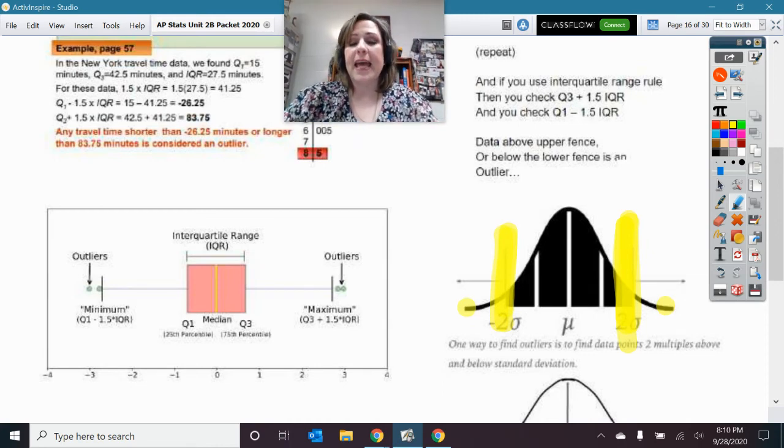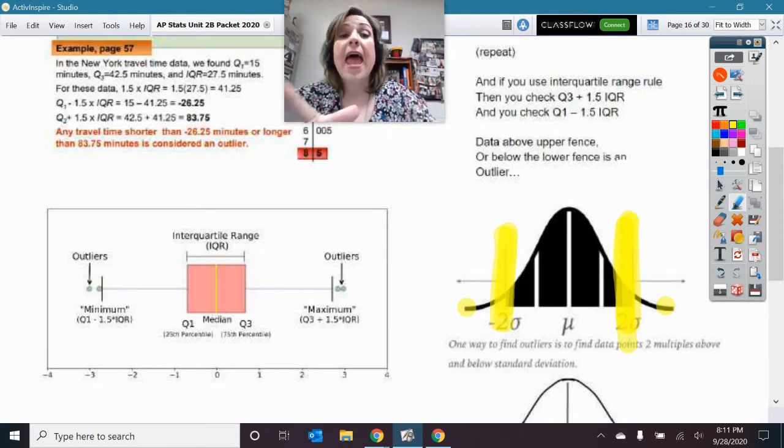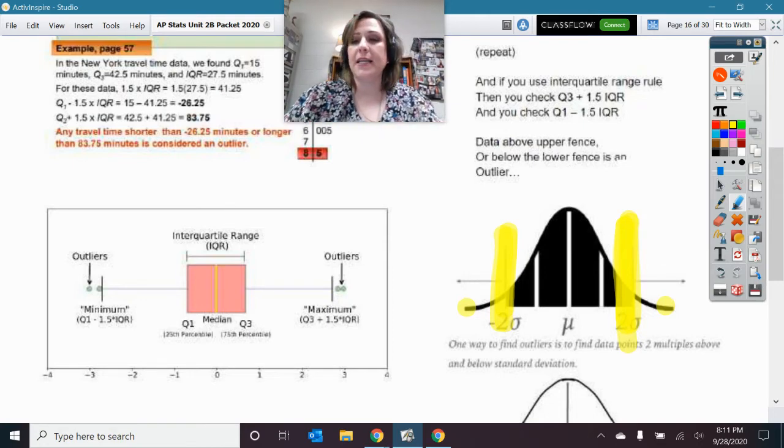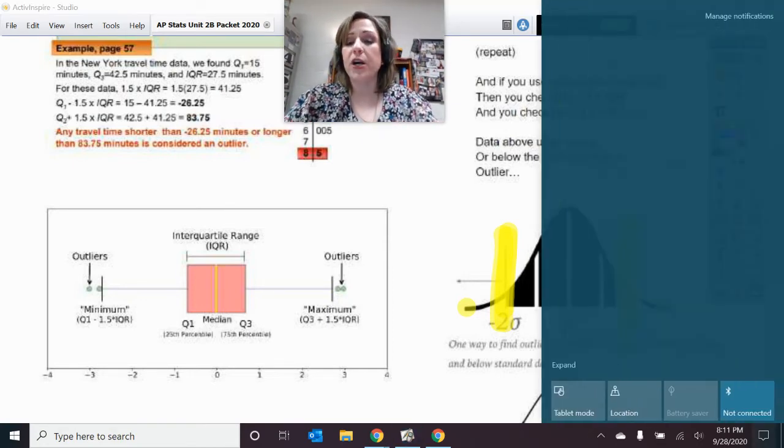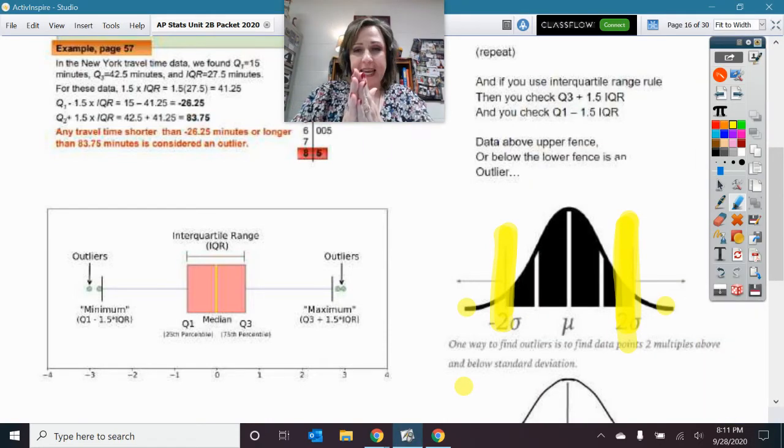Okay, and if you use the interquartile range rule, then you check Q3 plus 1.5 IQRs, and you check Q1 minus 1.5 IQRs, and we know that data above the upper fence or below the lower fence is an outlier.